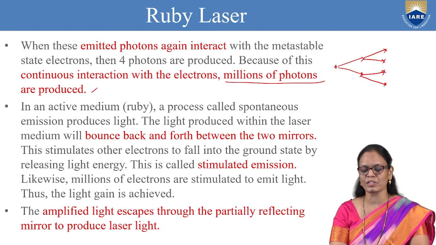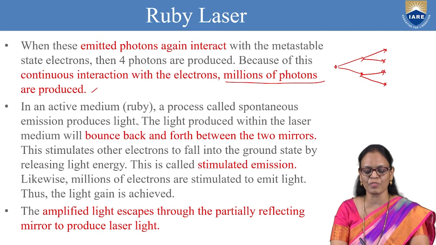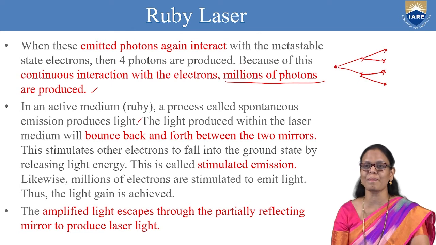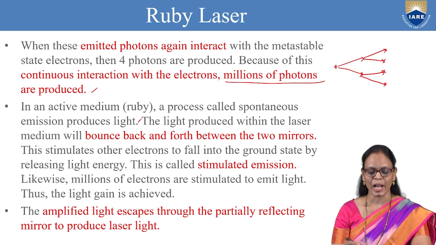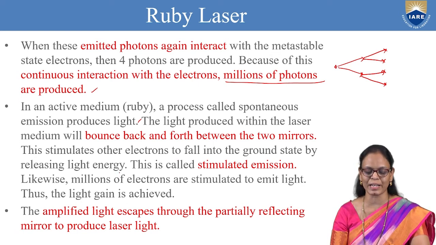So in an active medium, ruby, a process called spontaneous emission first produces the light, and the light that is produced within the laser will bounce back and forth between the 2 mirrors. So we are discussing the interaction of the emitted photons, and this stimulates the electrons to fall to the ground state by releasing light energy, which is called stimulated emission.